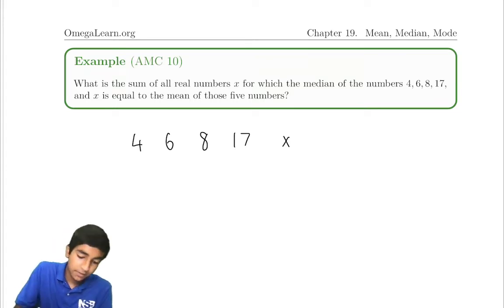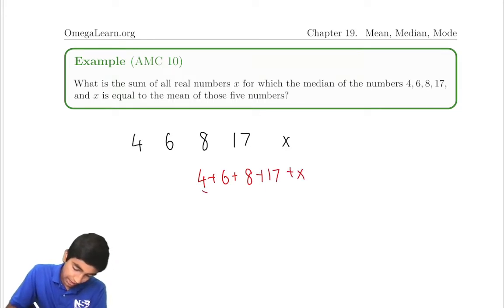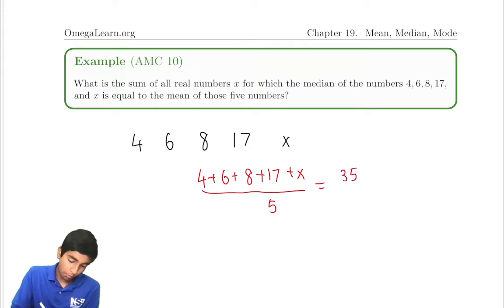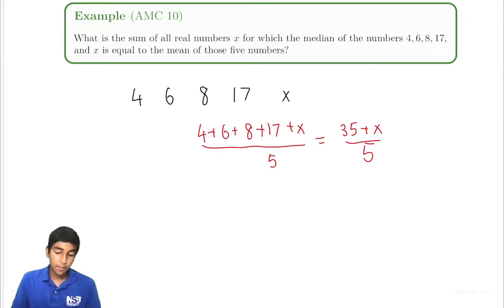The mean in terms of x is just 4 plus 6 plus 8 plus 17 plus x divided by 5, right? And this is 35. 4 plus 6 is 10, 10 plus 8 is 18, 18 plus 17 is 35. So 35 plus x over 5. Okay, so now we know what the mean is.